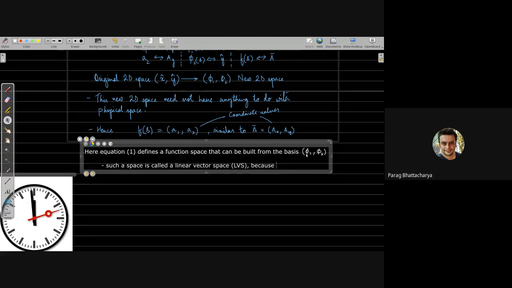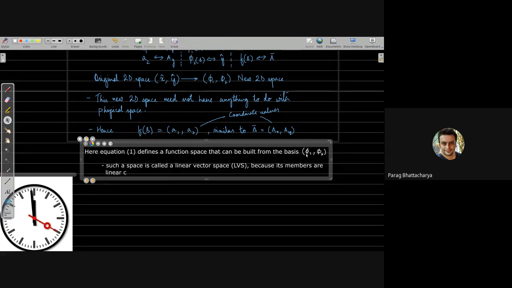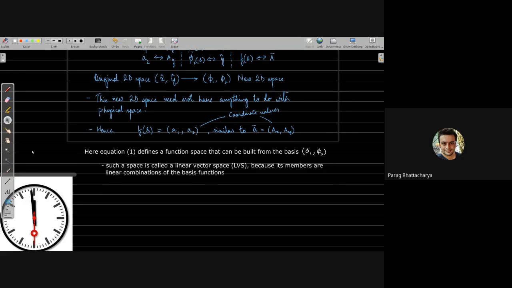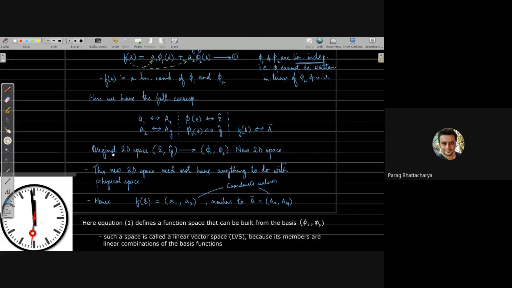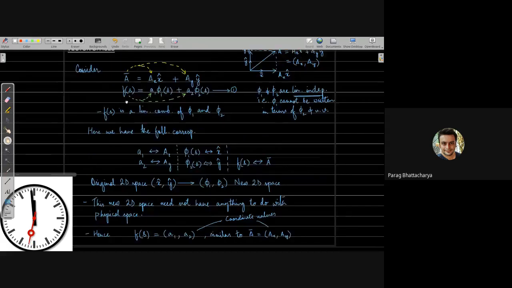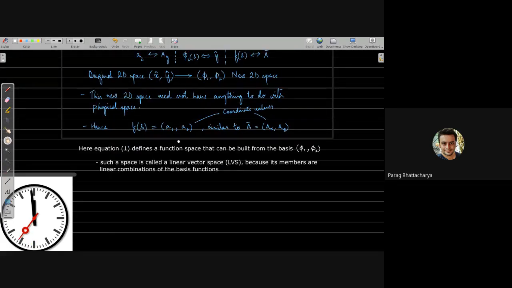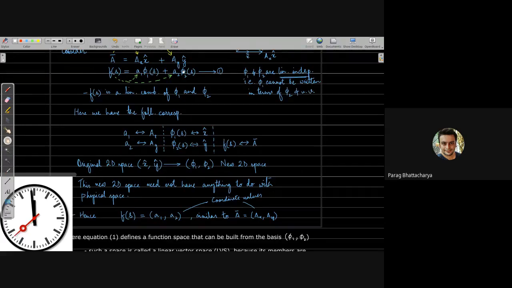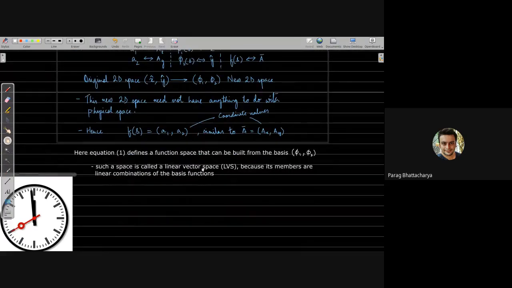Because its members are combinations of the basis functions. So the space of all these functions f of s, which I'm constructing using phi1 and phi2, is known as a linear vector space.